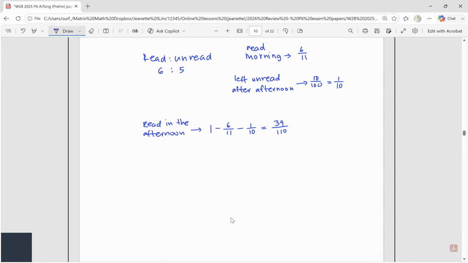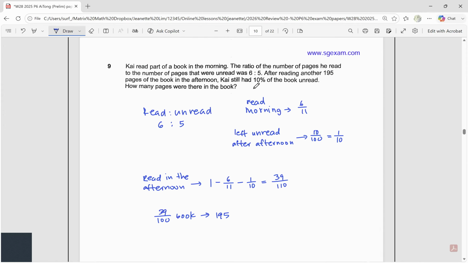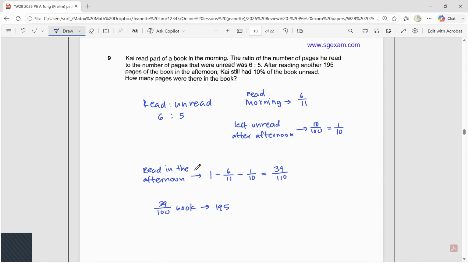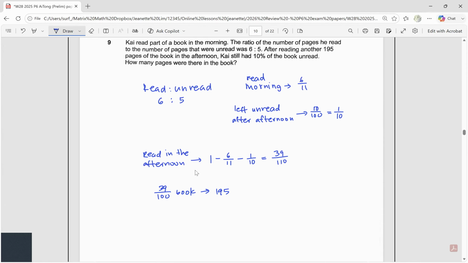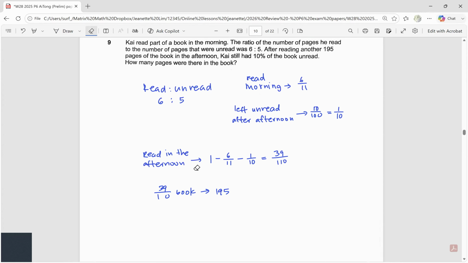And from here, 39 over 100 of the book is the 195 pages that he read in the afternoon. Sorry, not over 100, over 110.